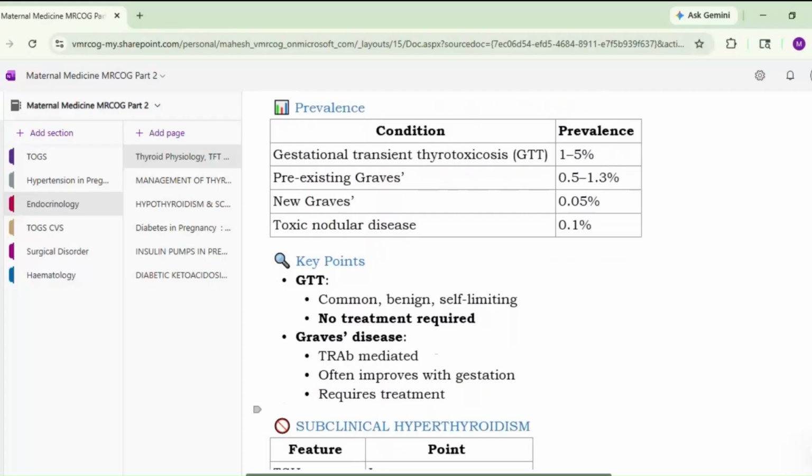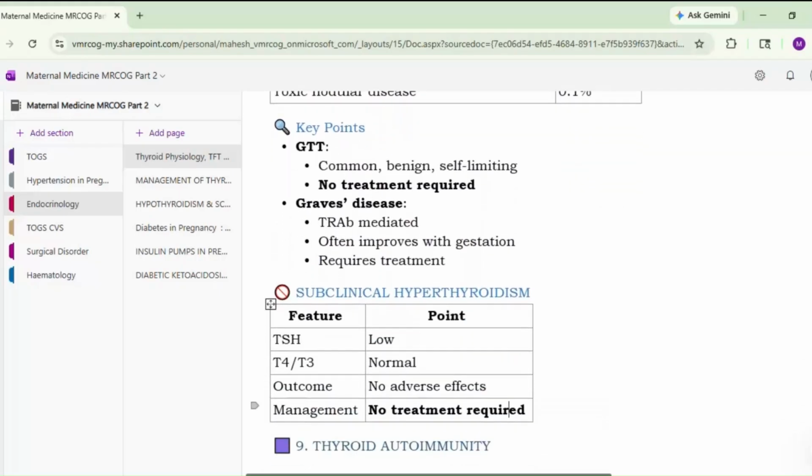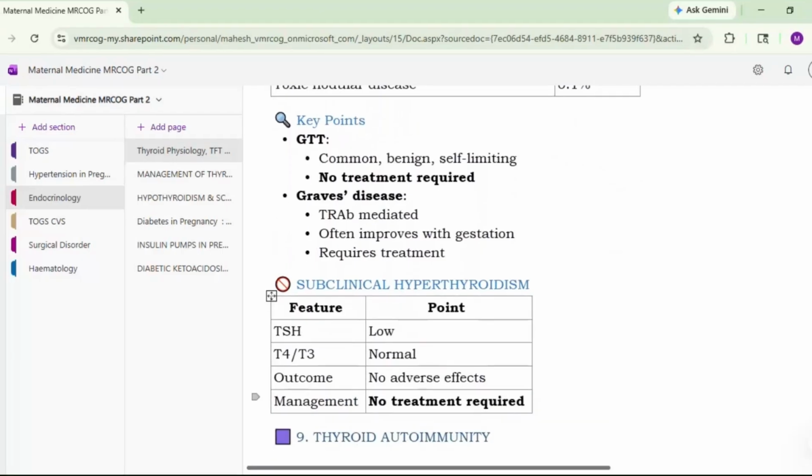Graves disease is thyroid receptor antibody mediated, it often improves with gestation, and it requires treatment.